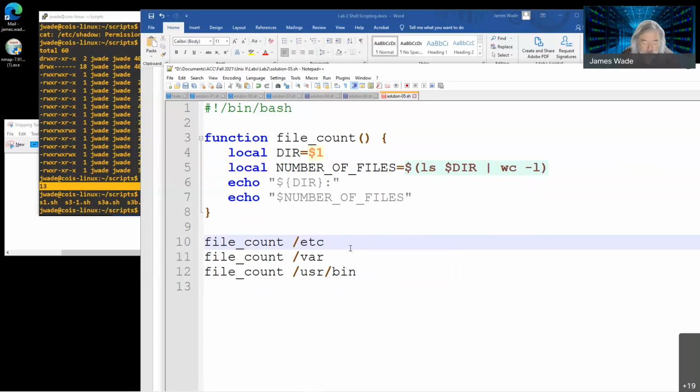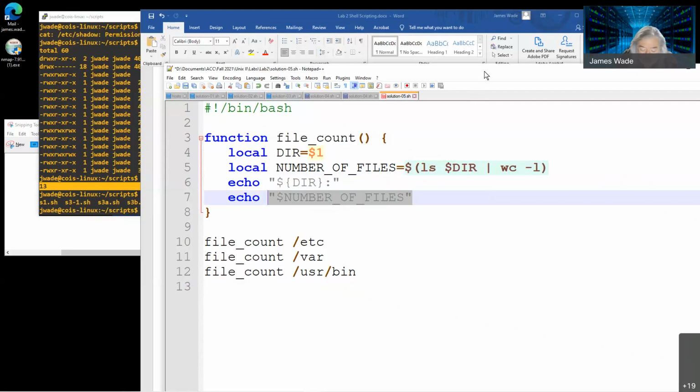Okay. So all I did, if you really look at this, is add a variable that could be input when we call the function. I then put the variable here. And then I added an echo statement, echo $dir, so it's going to list this $dir, colon, and then echo number of files.